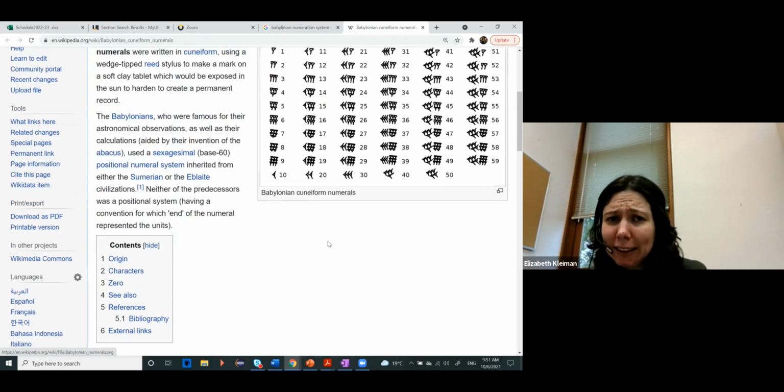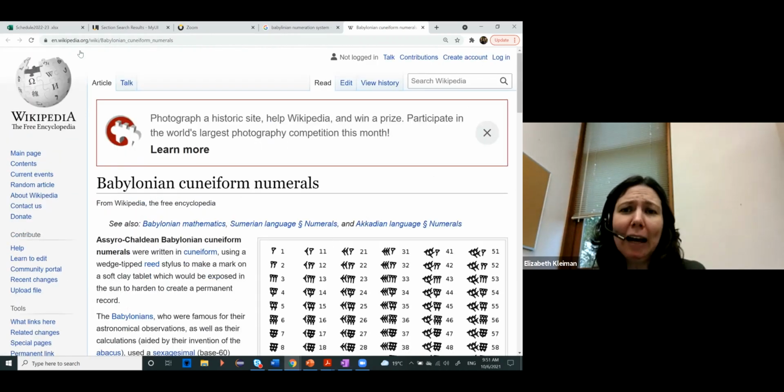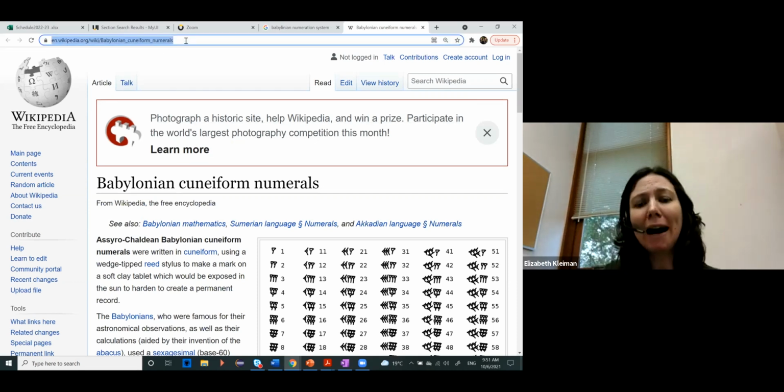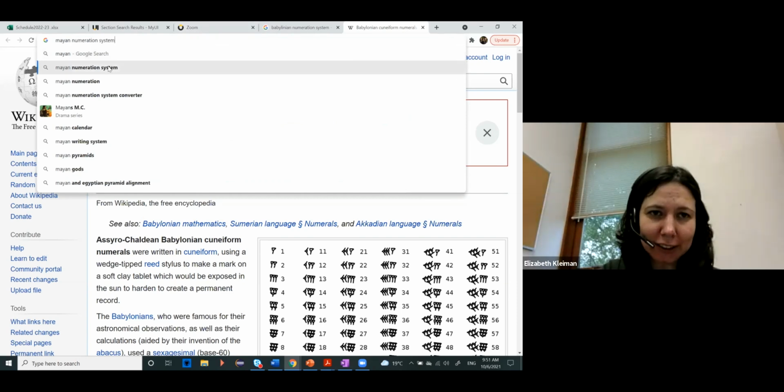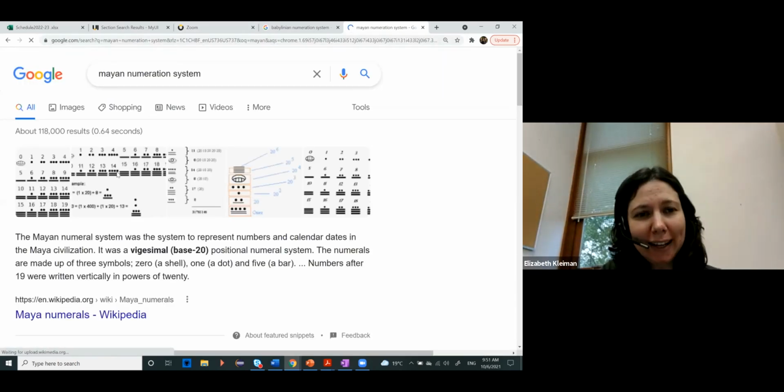This one is still base 10, and I believe the person who was talking about base 16 meant Mayan. So the Mayan enumeration system, which was another antique one, is going to be base 20.